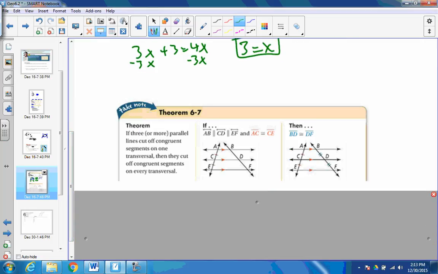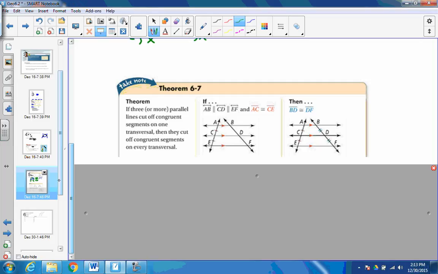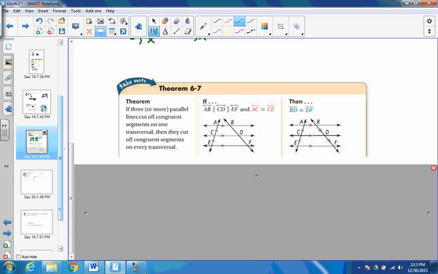So it's a little bit more of a funky one. Theorem 6.7. Theorem 6.7 says, if three or more parallel lines cut off congruent segments on one transversal, then they cut off congruent segments on every transversal. So this isn't necessarily exactly dealing with parallelograms, but there's parallel lines.